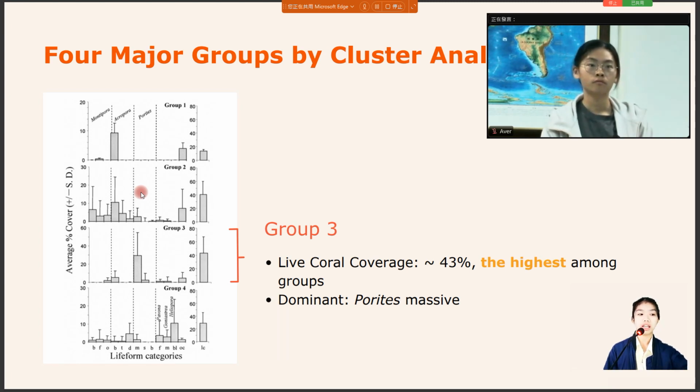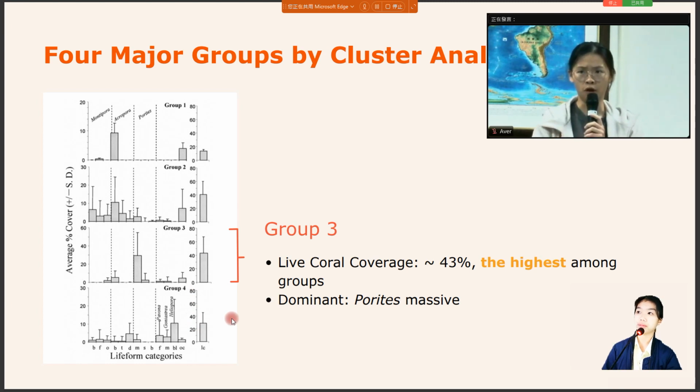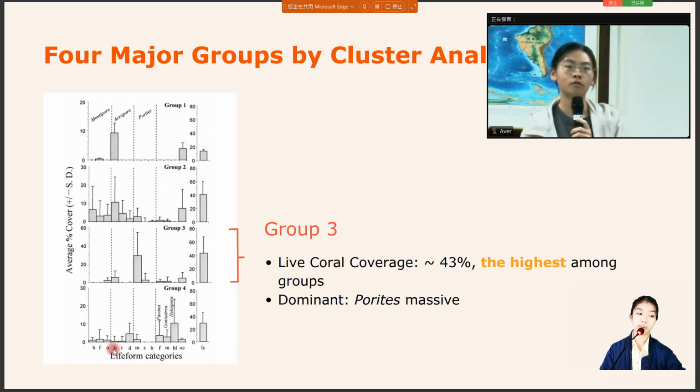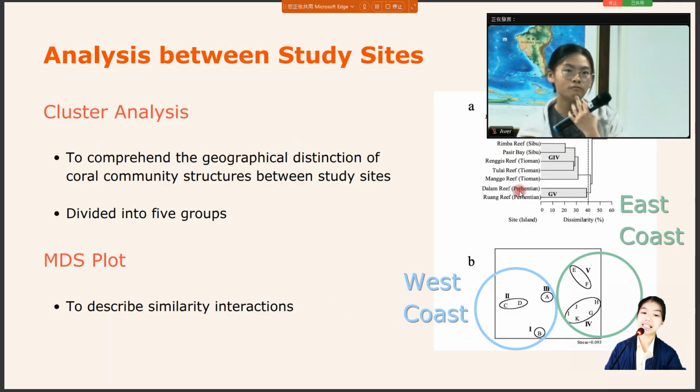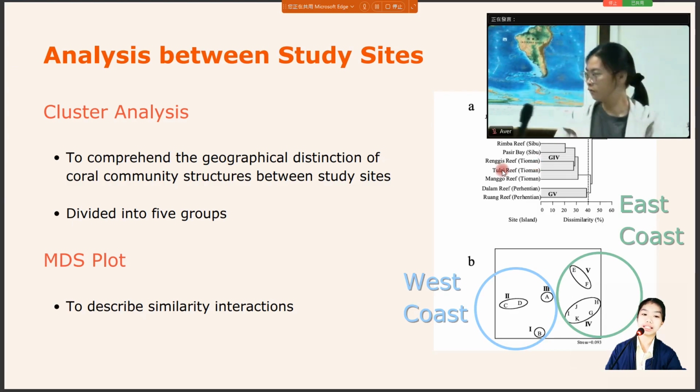Then there should be the title of the transect lines, the live coral coverage, and the life form categories, and only then can we group these. It's grouping by the location and the type of coral together. Yes, this is grouped by the 110 transect lines. But if you group by the study sites, then it's this graph over here. Thank you. No worries.